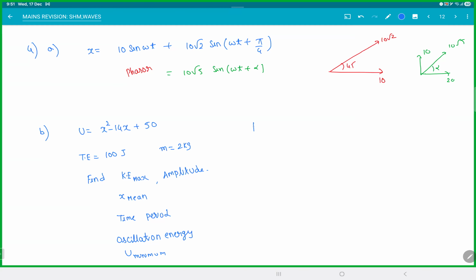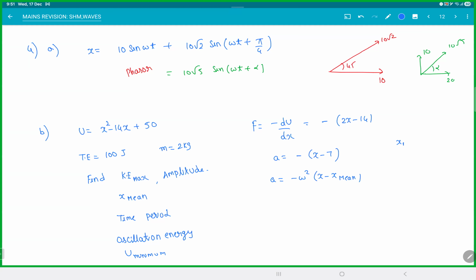What is this? Force is equal to minus du by dx. That will be minus 2x minus 14 is equal to 0. That mass is 2 kg, so we get acceleration is equal to minus of x minus 7. You can compare this with a is equal to minus omega square x minus x mean.